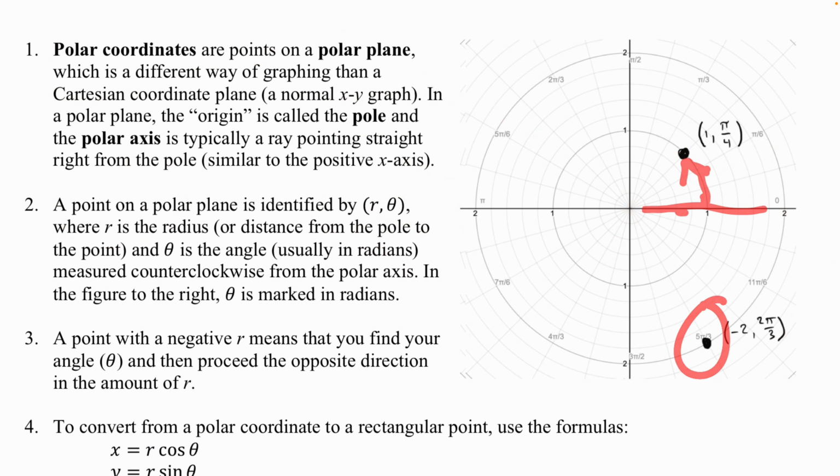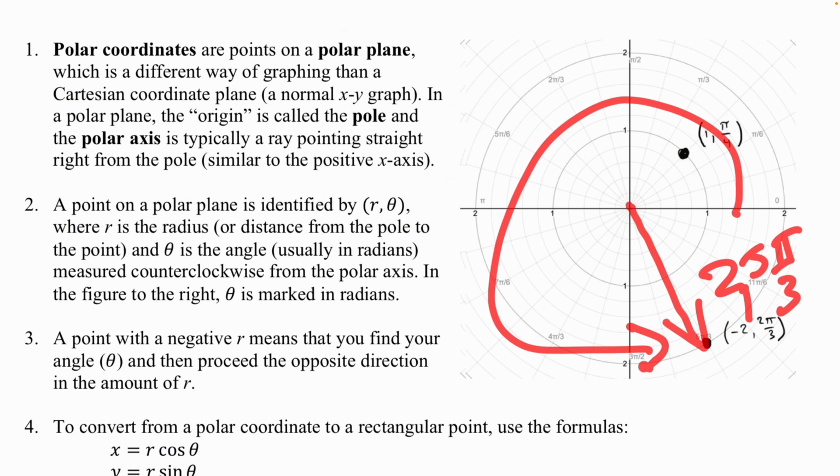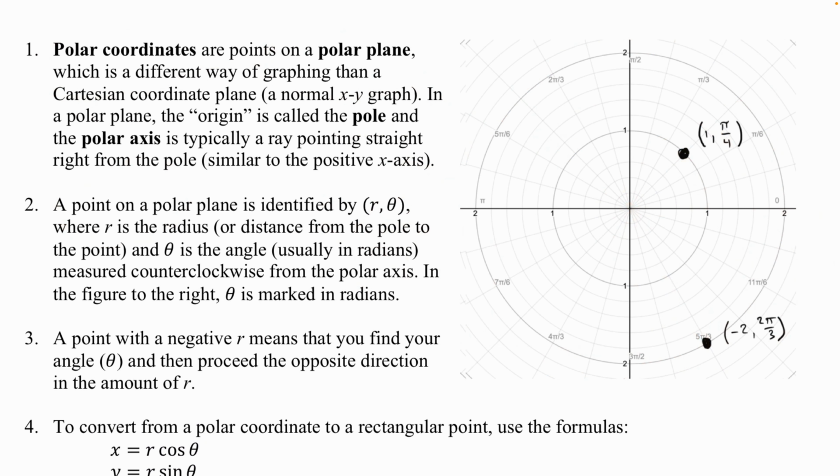This point is, we could call it a couple of things. First of all, we could say it's 2 away and 5 pi thirds when counting all the way this way. Or another thing is that a radius can be negative.